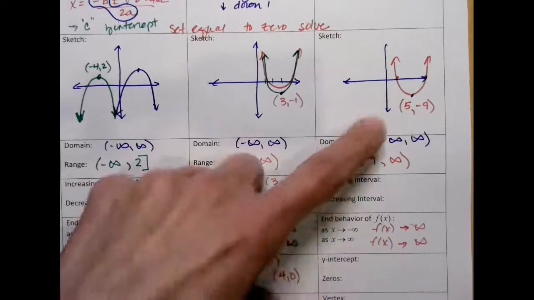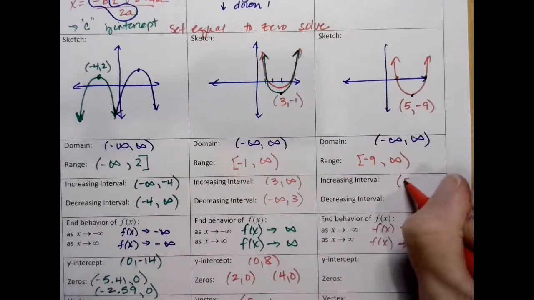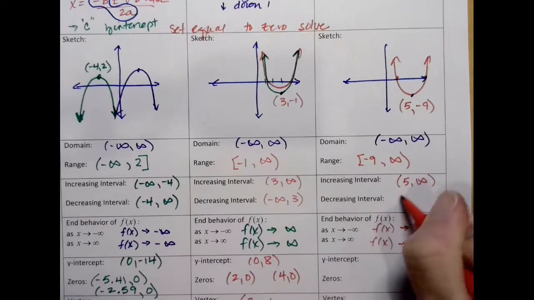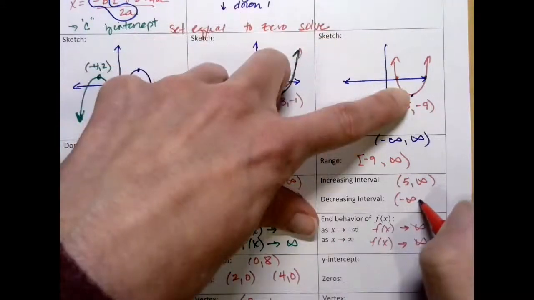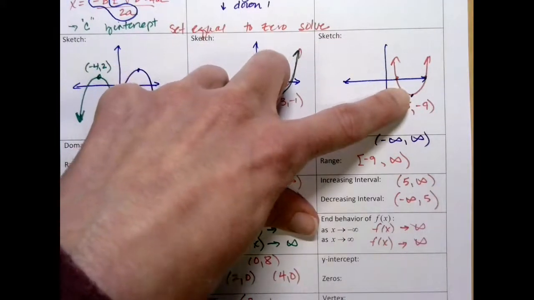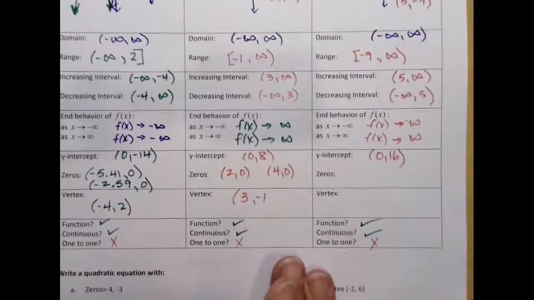Our increasing interval starts here with this 5 and goes up to infinity. Our decreasing interval starts at negative infinity, and that change happens at 5. Our y-intercept, when 0 goes in, I can get that from my graph. 16 comes out.